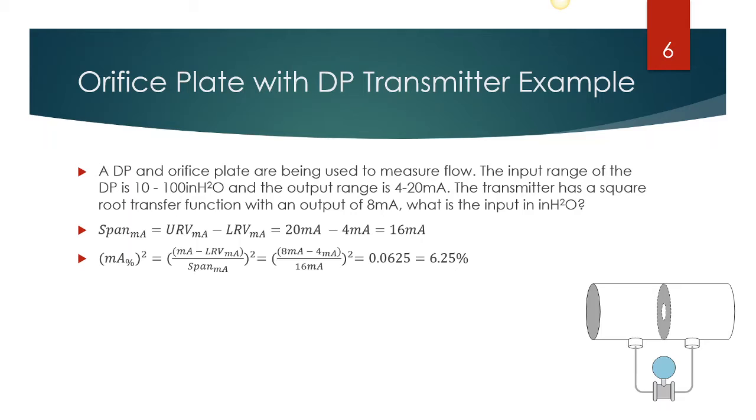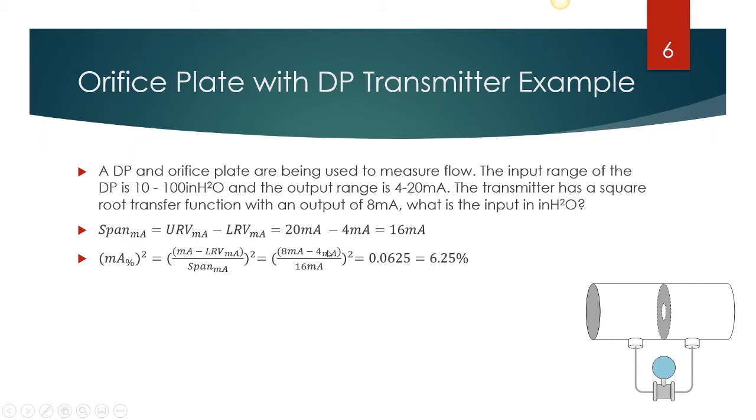We've removed the square root extraction, so we have to multiply it back in by taking the square of that percentage of the milliamp output. So right here, we're figuring out the milliamp output of the differential pressure transmitter, and we're squaring it.